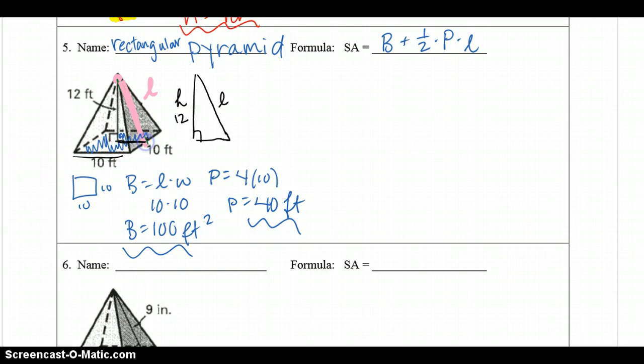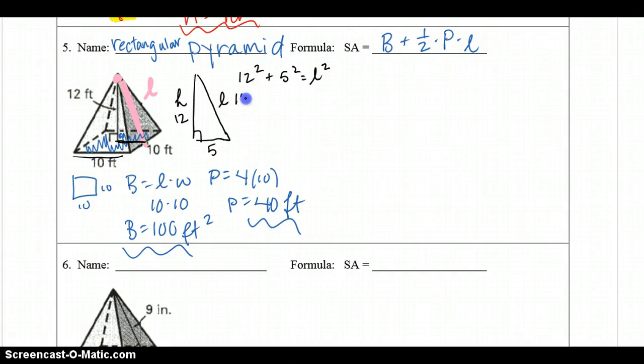So from the center to the edge, it's going to be half, so that has to be 5. So now we have a right triangle where our hypotenuse is the slant height. So what are we going to use to find the slant height? The Pythagorean theorem. So we're going to have 12 squared plus 5 squared equals L squared. L is my long side here.